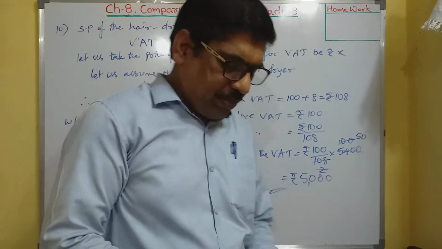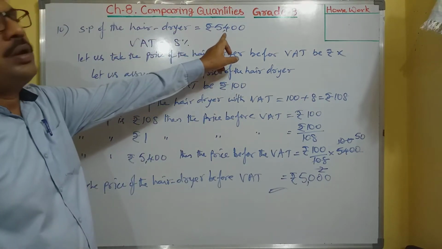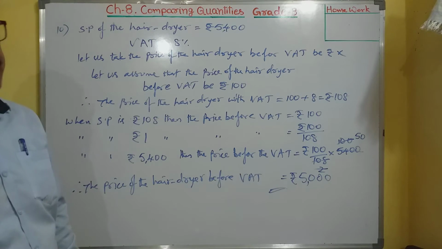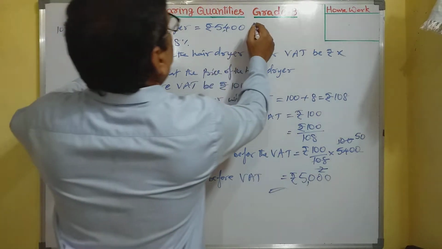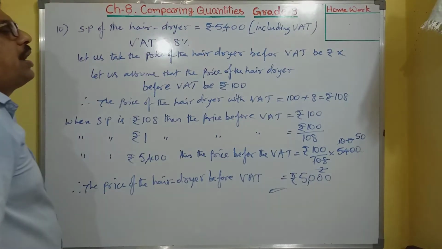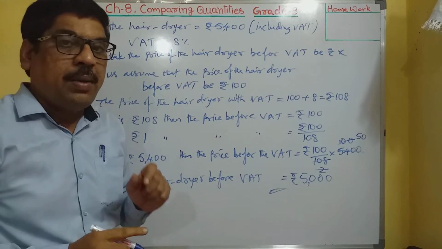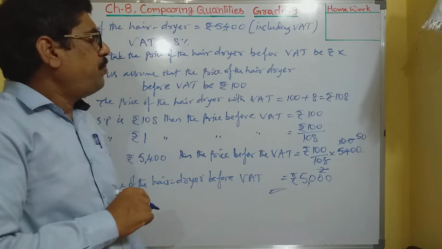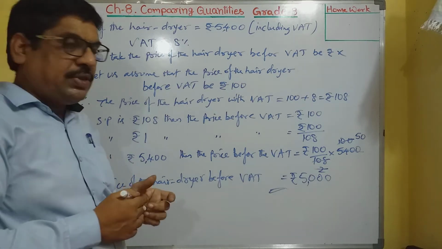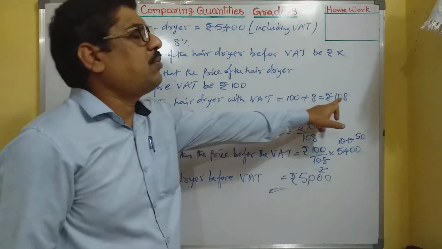Let me explain the problem once again. A person bought a hair dryer for 5400 rupees including VAT, value added tax. The VAT was 8%. We need to find the price of the hair dryer before VAT, which would definitely be less than this. So let us take the price of the article before VAT be 100 rupees. Then if we add the VAT 8%, we get 108.